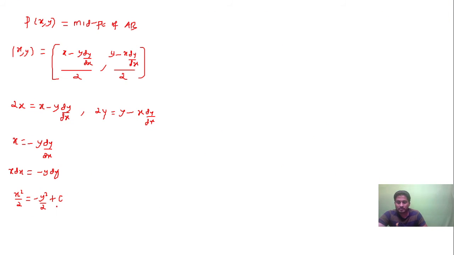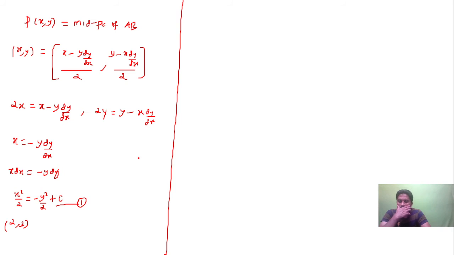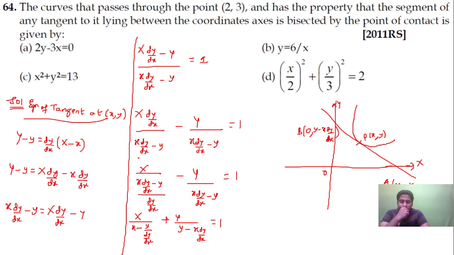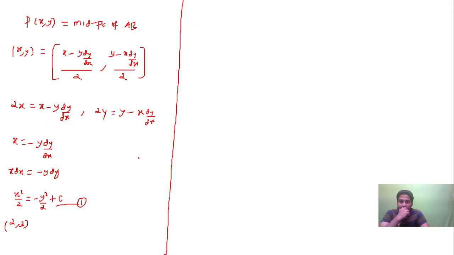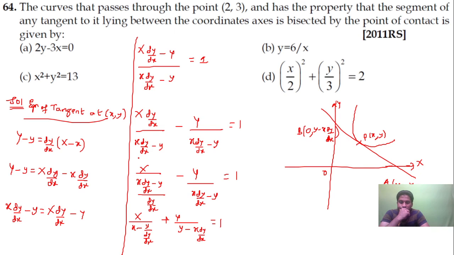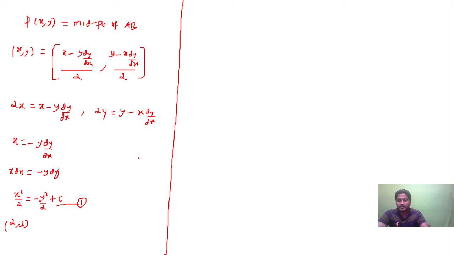Call this equation 1. So this is y upon dy by dx, right? So this is an error here, guys.